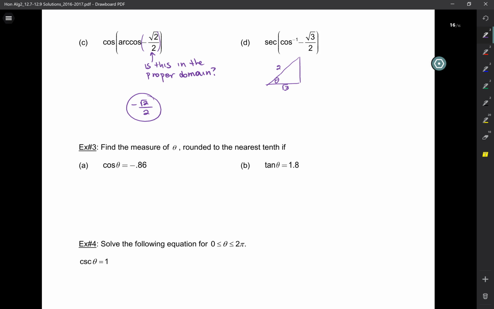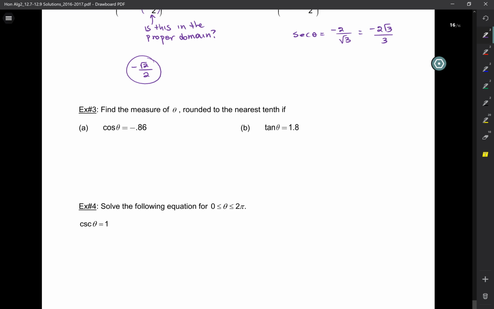What would the secant be? The opposite. So we don't even mess with drawing anything. If the cosine of theta is negative root 3 over 2, then the secant of theta would just be negative 2 over root 3, or negative 2 root 3 over 3.